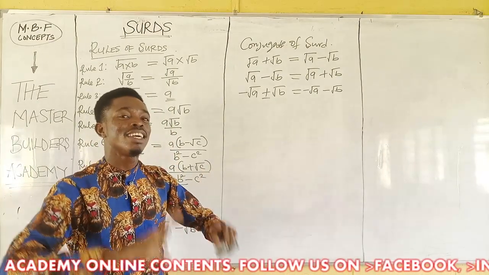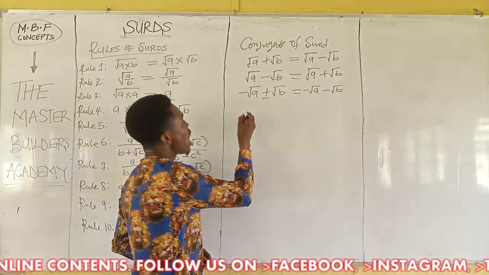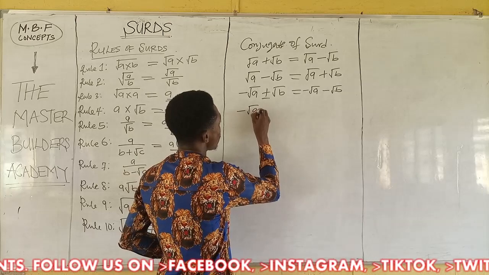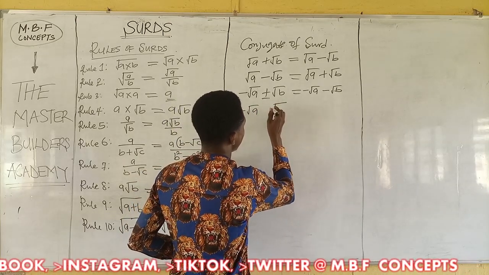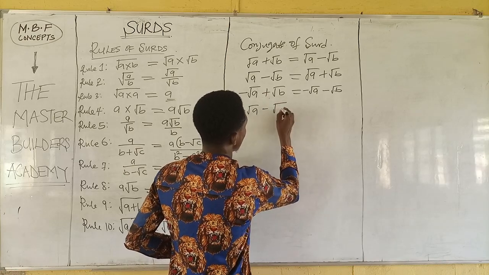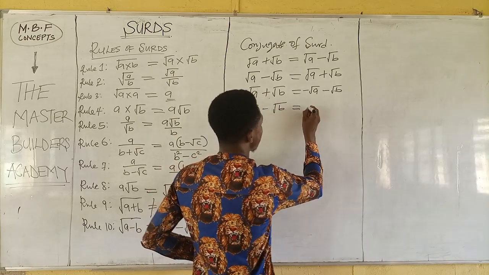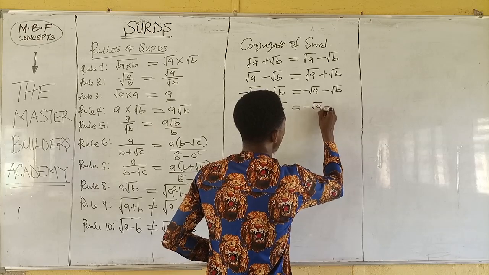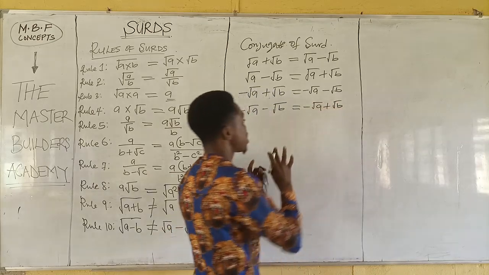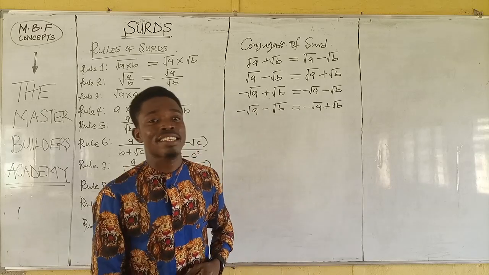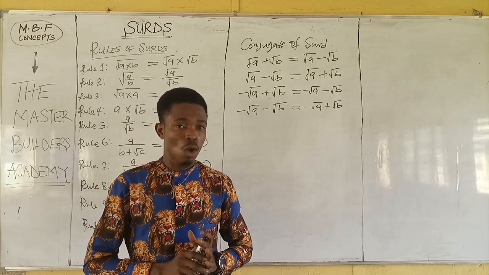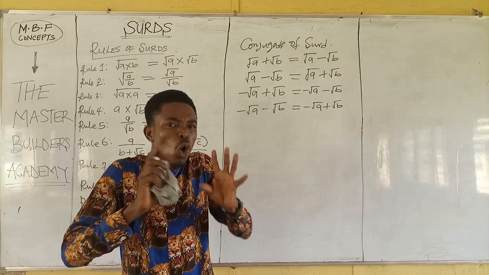Also, what happens if I have minus root a minus root b? This is exactly the same thing. We only change the sign that connects the two surds. Hope this is gotten. That is the conjugate of a surd.